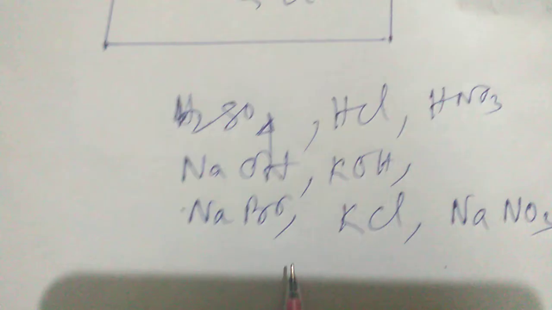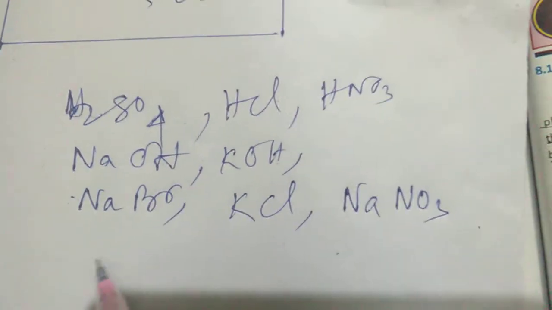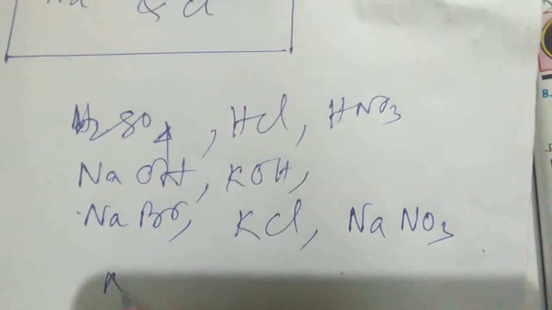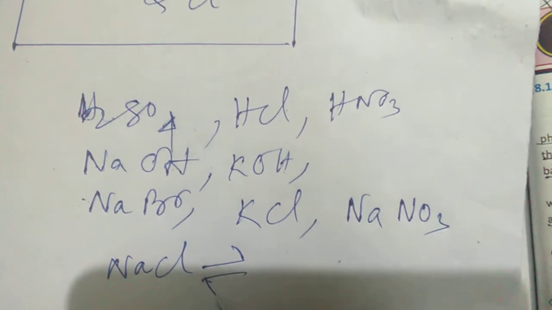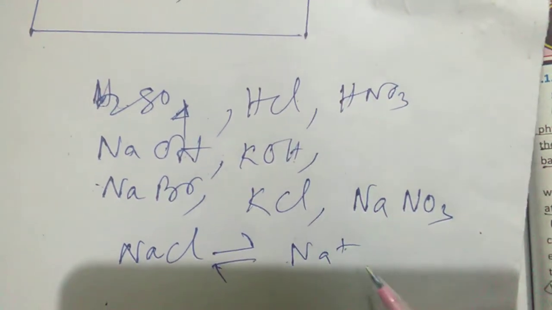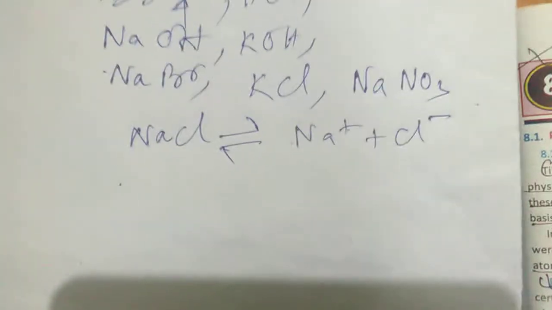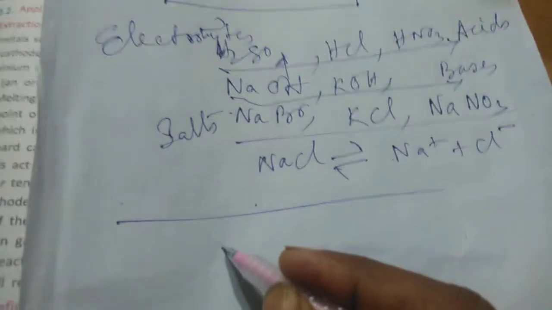Now what happens when they are in molten states or in solution? They produce oppositely charged ions. NaCl, as for example, produces Na plus and Cl minus. Now I am going to discuss electrolysis.